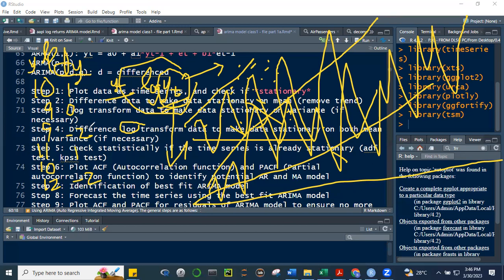Kindly check in R. The log in R by default has base e. All right, log of 1 is 0. How about log of 0? Not defined.